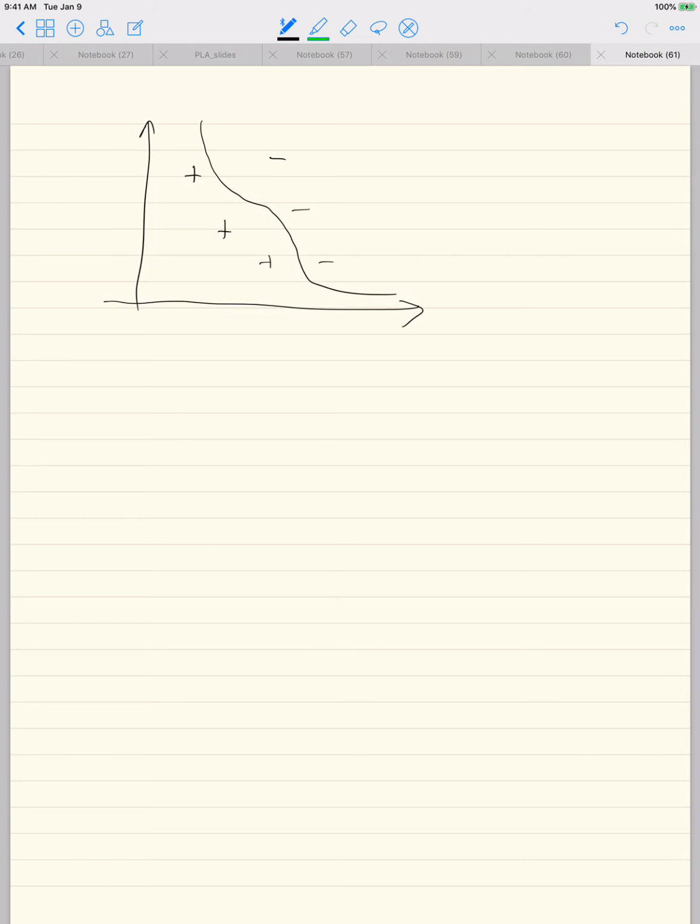Perhaps this could be the decision boundary we have after we apply some nonlinear transformation. We might get these 2 points, maybe could be the support vectors of our decision boundary.